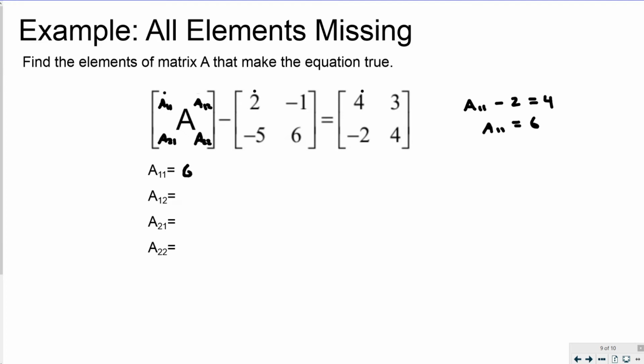So A11 is 6. Then I could do the same with A12. So I could say A12 minus negative 1 equals 3.